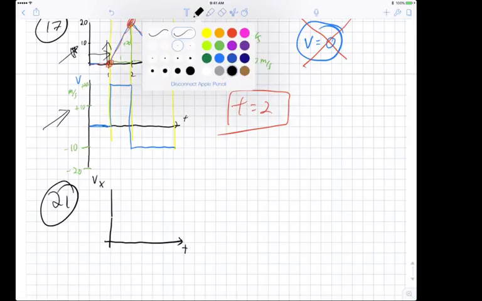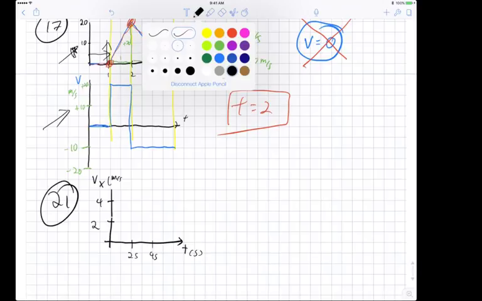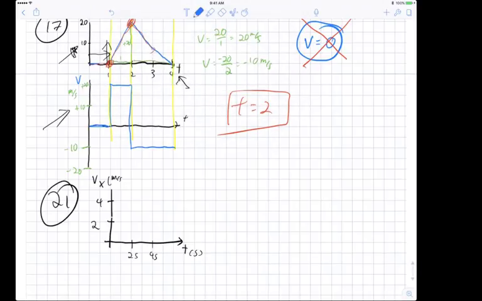Okay, so we'll call this 2. So this is in meters per second, and this one's 4. That's 2 seconds, and that's 4 seconds. This graph looks like 4 to 2. So it looks like this first, and then it looks like that.